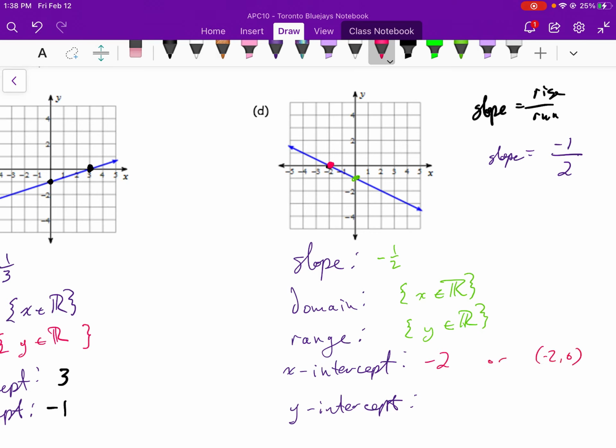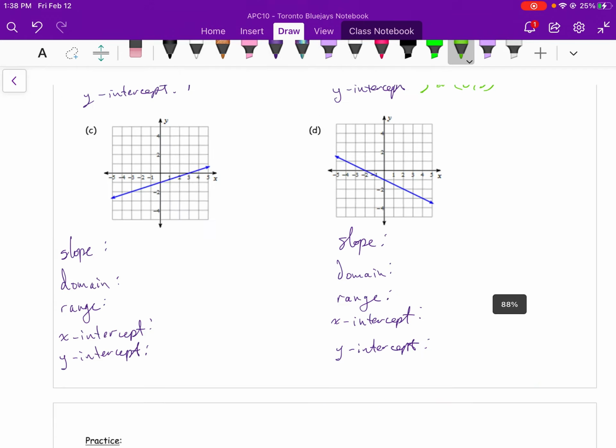Or I can say -2 comma 0. And my y-intercept is the lower one down there, and this occurs at point 0, -1. Or I should keep this consistent, -1 or 0 comma -1.